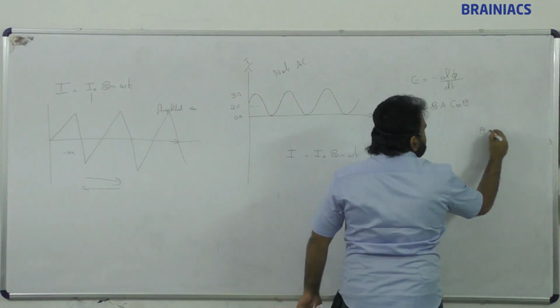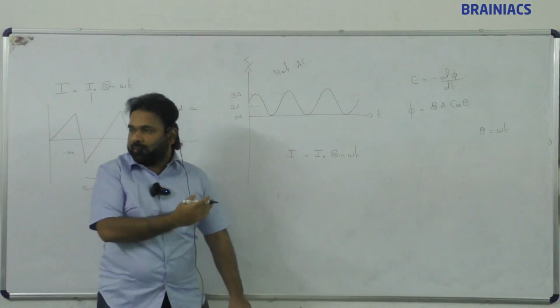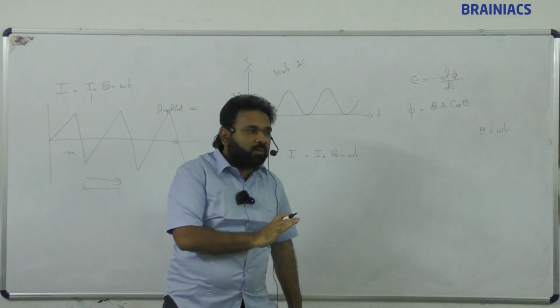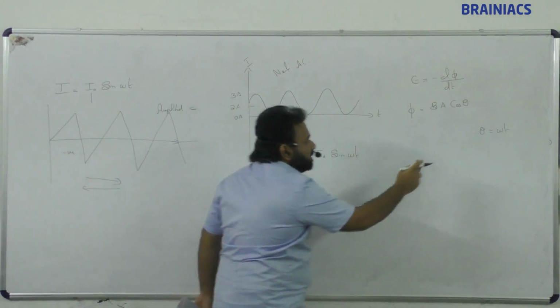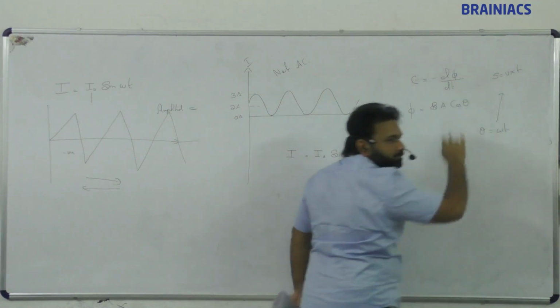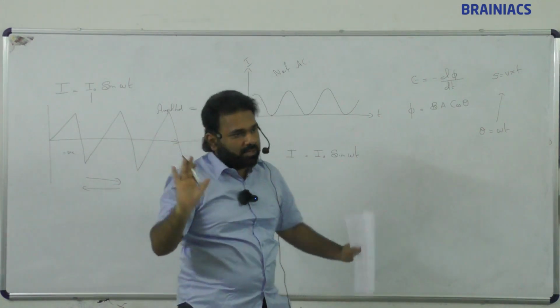Can I write theta = omega t? Is it okay? Theta means angular displacement, omega is angular velocity. This is just like S = V into T. One is a straight line, another is rotational. That is the only difference.